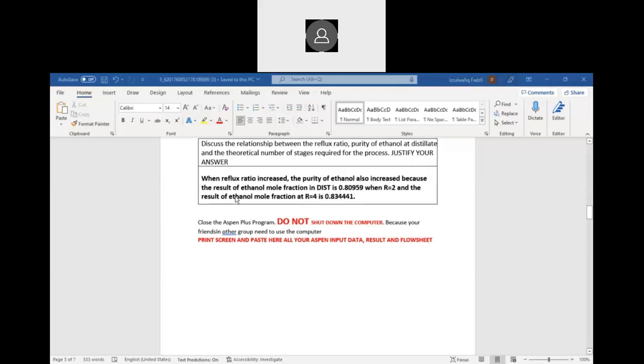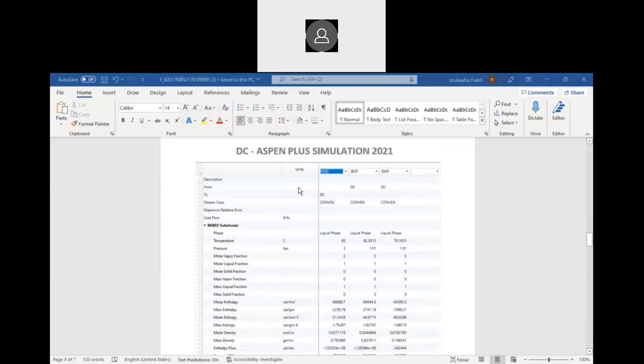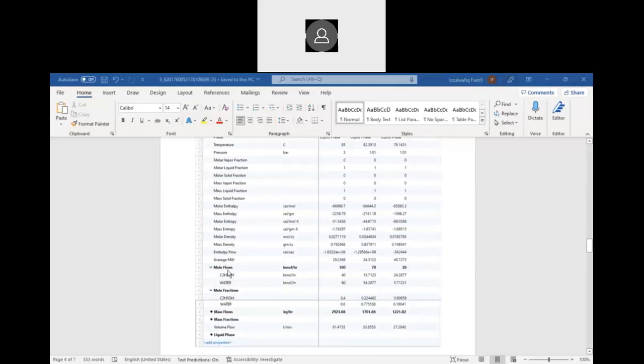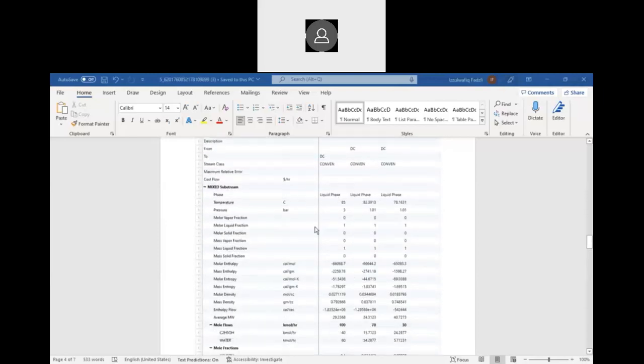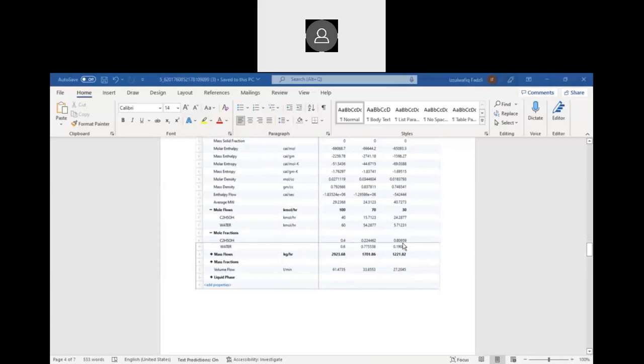To justify our answer, we took screenshots of the Aspen simulation data, at the mole flow and mole flow rate, and we can see the data here. This is for reflux ratio 2: 0.80959 and 0.22446.